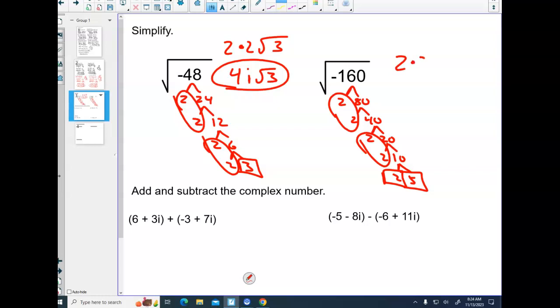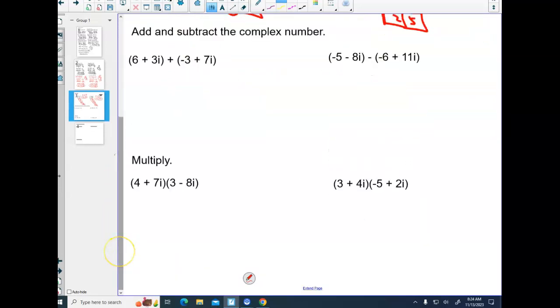This becomes 2 times 2 and 2 times 5 in the radical. Whenever you have multiple pairs or multiple prime numbers left over, you always multiply them. This becomes 4i root 10. If it were root 160, it'd be 4 root 10. Since it's root negative 160, it's 4i root 10. That's the only difference.